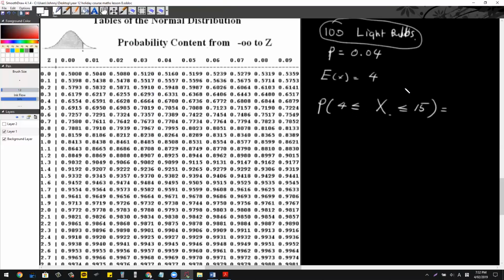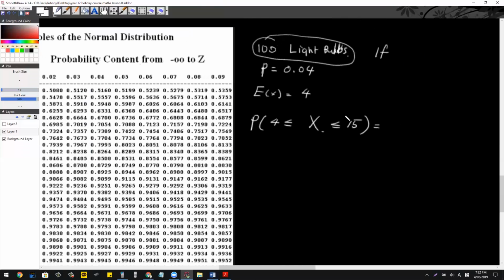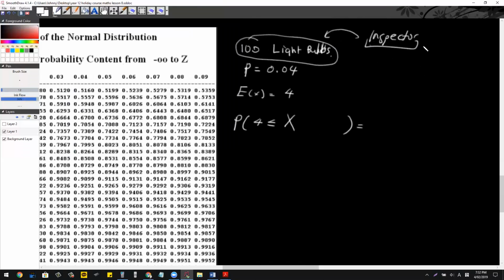Or maybe I want to do just this. So let's say some inspector comes and inspects 100 light bulbs, and if he finds more than or equal to 4 bulbs defective, then this factory has to shut down or something.